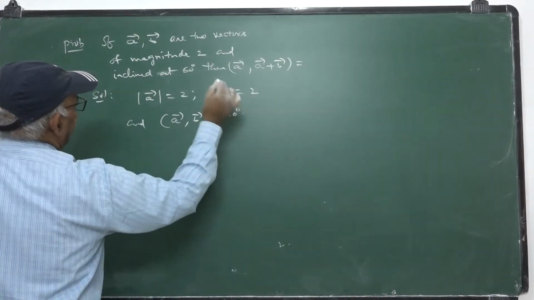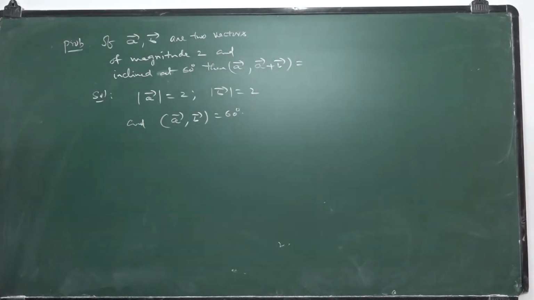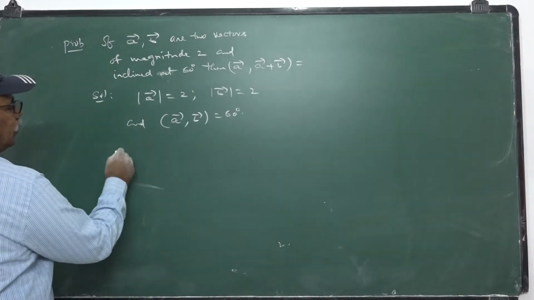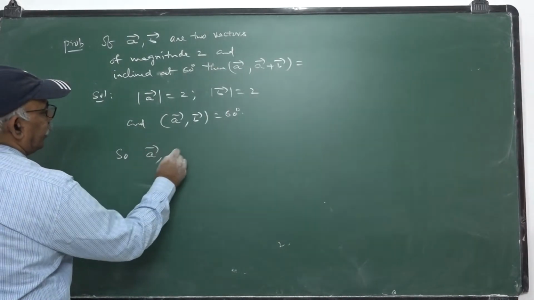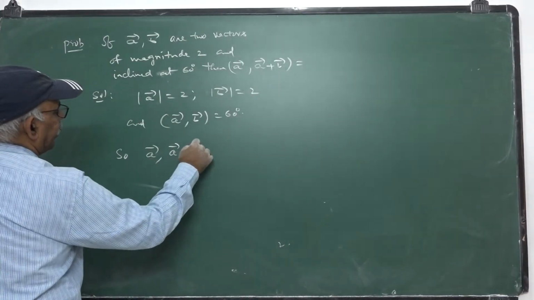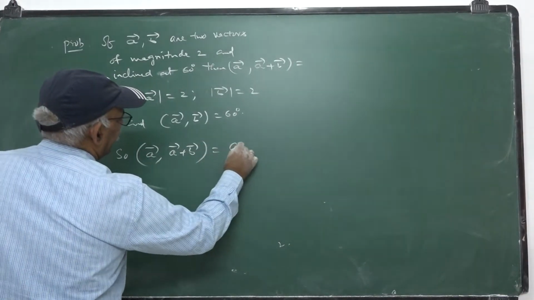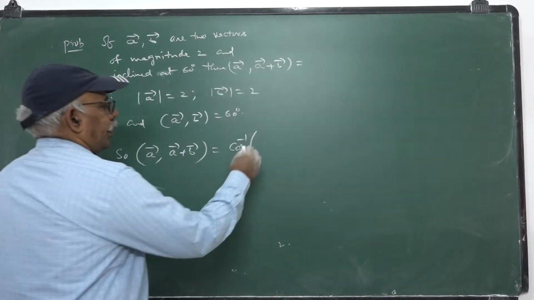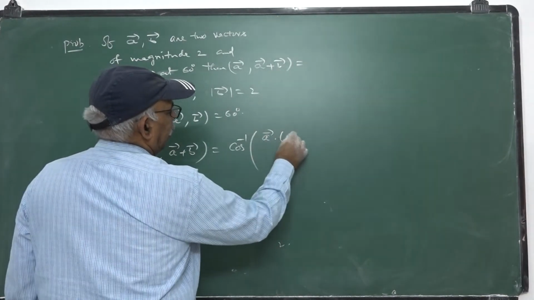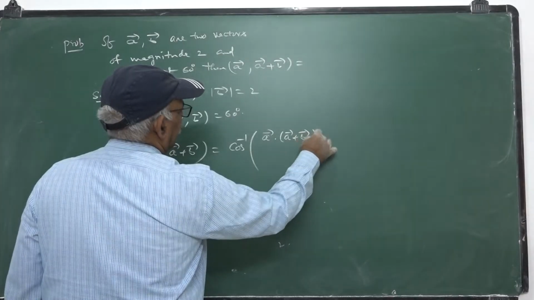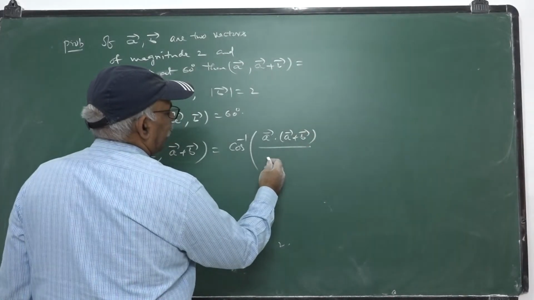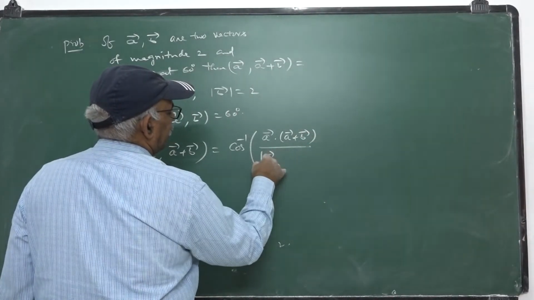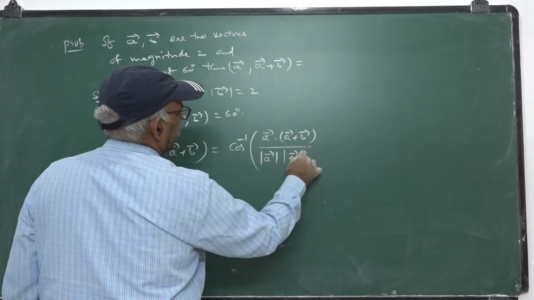This is our given data. Now the angle between a bar and a bar plus b bar: using dot product, it is cos inverse of a bar dot a bar plus b bar by modulus of a bar into modulus of a bar plus b bar.